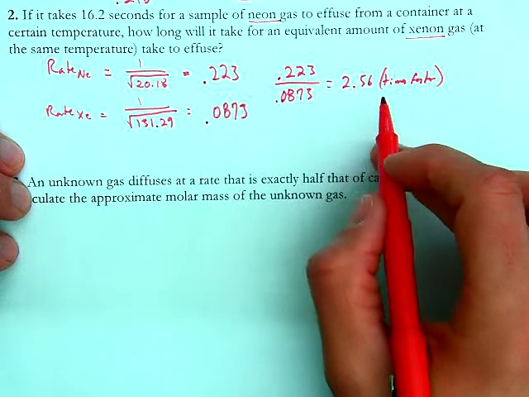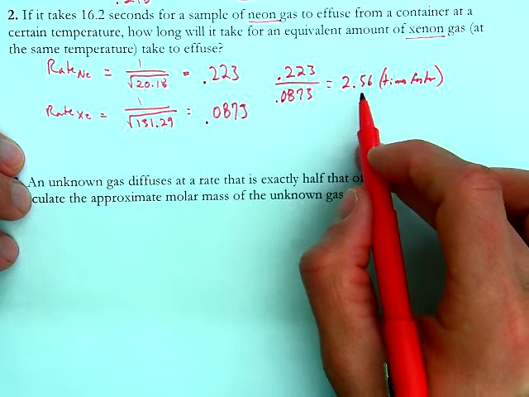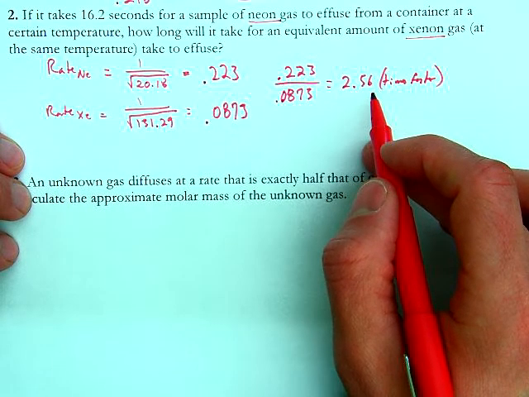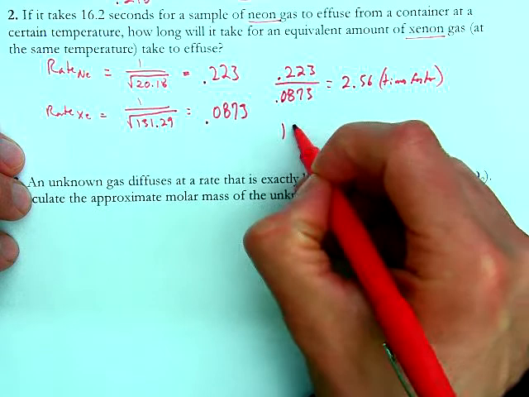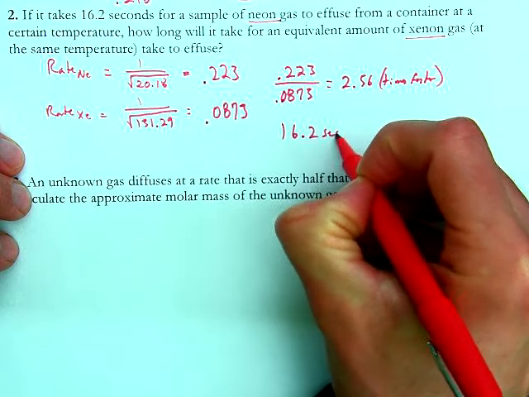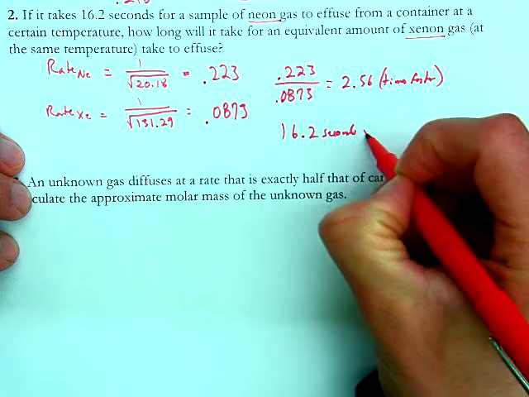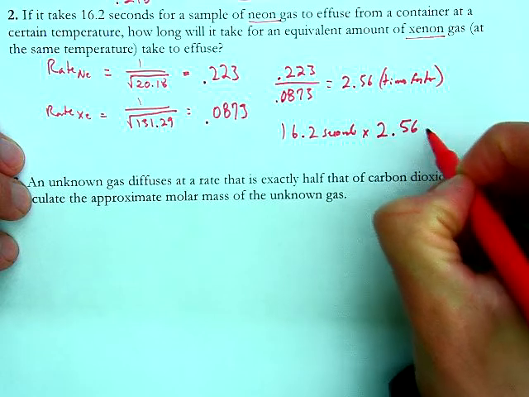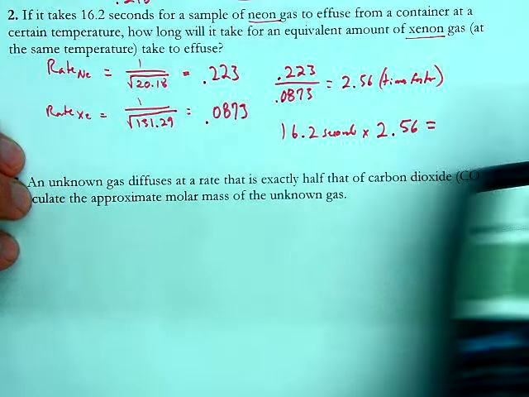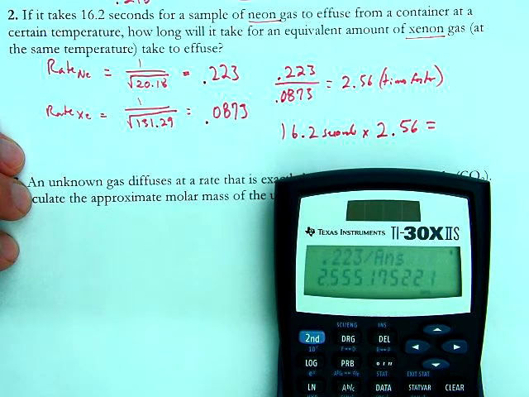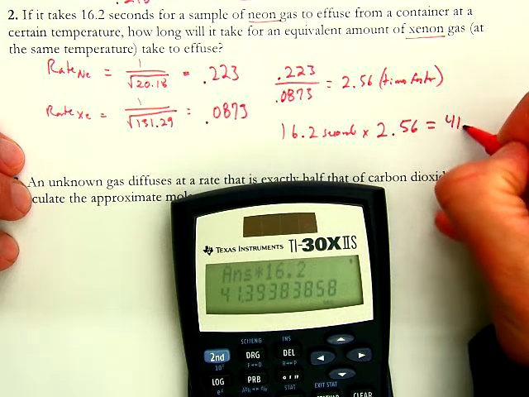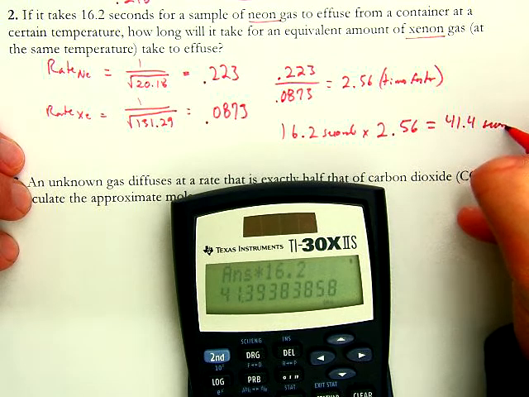So if it diffuses that much faster, that means the xenon's going to take 2.5 times as long to diffuse. So we can take 16.2 seconds and multiply it by that rate difference, which is 2.56 times. And that will give us how long it will take for the xenon to diffuse, which is about 41.4 seconds.